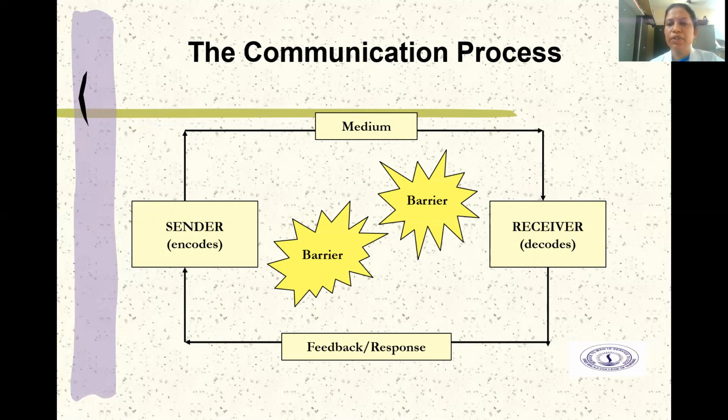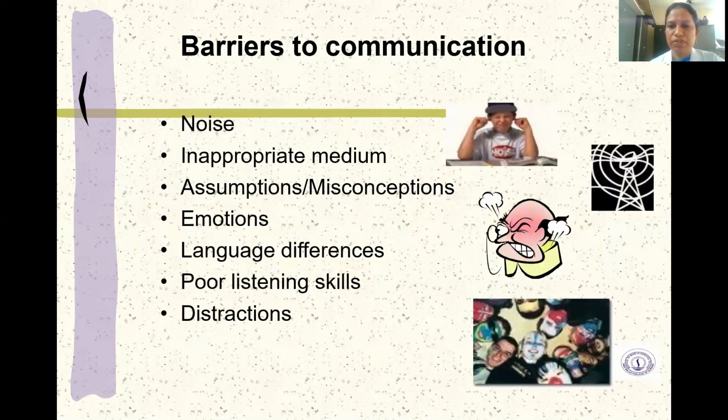And because of the disturbances and barriers, the receiver will not receive the message correctly. He may have some doubts and assumptions. So the feedback will also be poor. The sender would have wanted to say something, but the receiver would have understood something else. And ultimately, the aim of communication is not met. So this is the communication process.